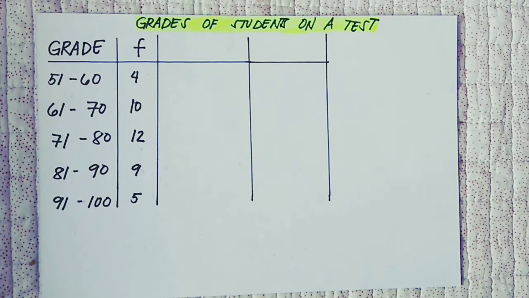Now, we know the mean is basically the sum of all the data values divided by the number of data items of the set.